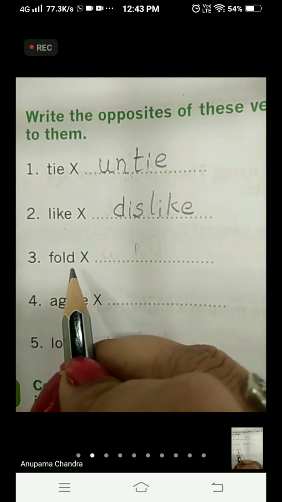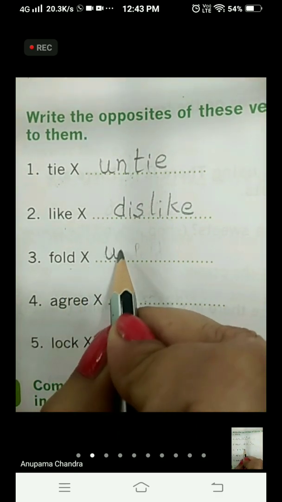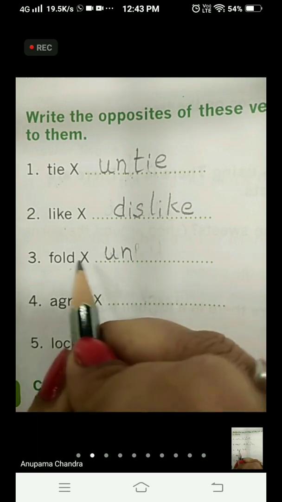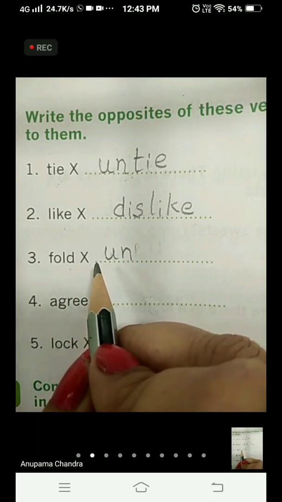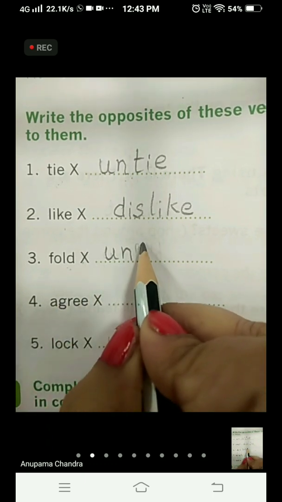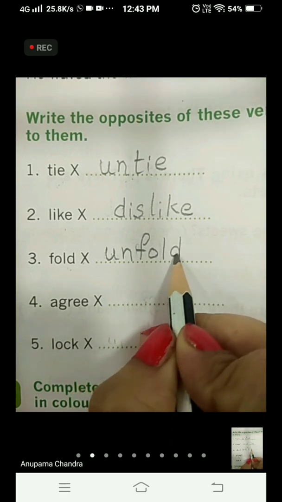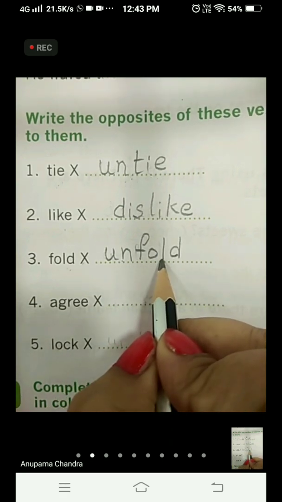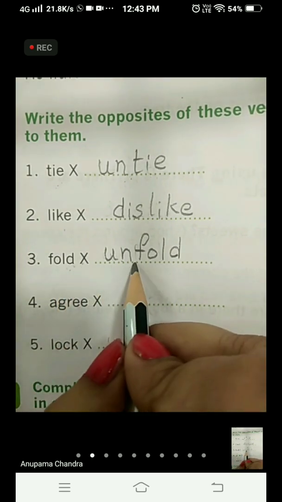Fold. Now again here we are going to use un for the word fold to make the antonym for the word. That is fold, unfold. So that becomes the antonym for fold.